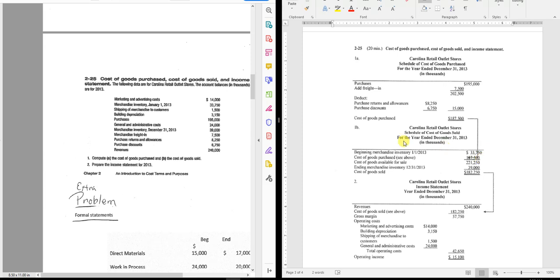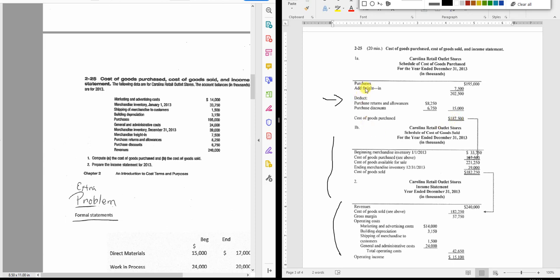Okay, and then this is a formal statement right here. And this is a formal statement. And this is a formal statement, okay? This one is just kind of there to come up with my purchases number.